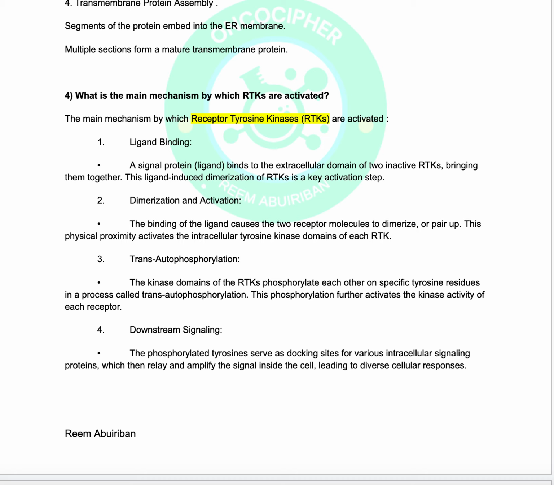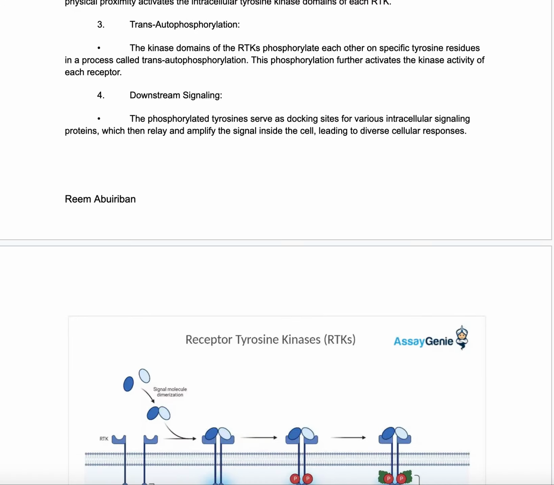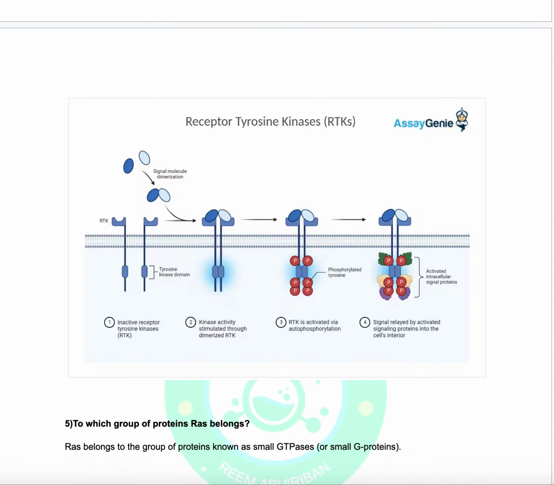The phosphorylated tyrosine serves as a docking site for various intracellular signaling proteins, which relay and amplify the signal inside the cell, leading to diverse cellular responses. And this explains the activation of receptor tyrosine kinase.